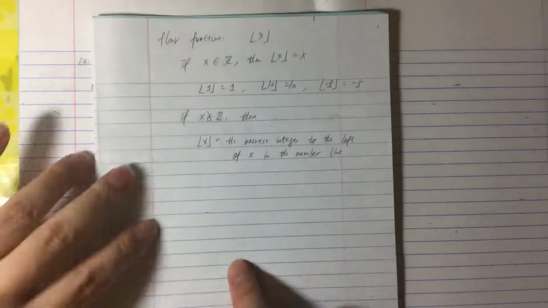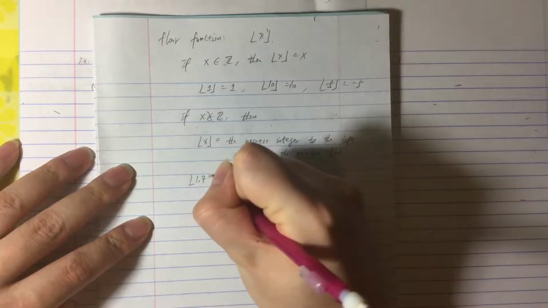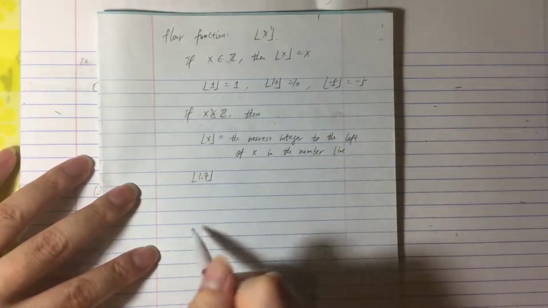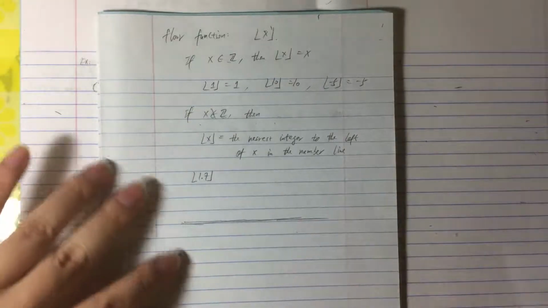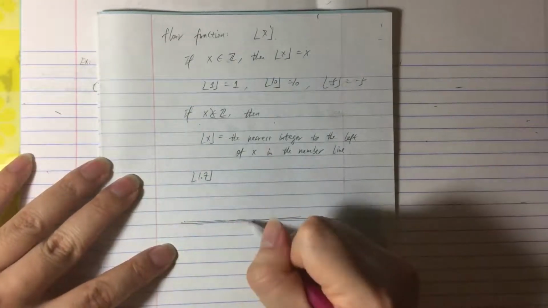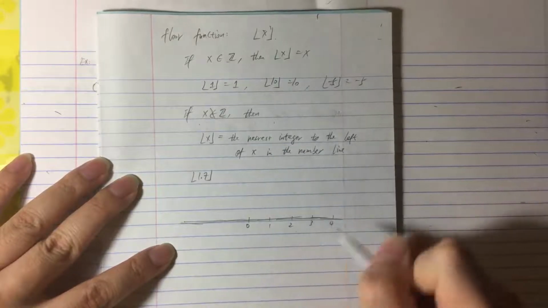For example, how do we find the floor function of 1.7? Draw a number line first. 0, 1, 2, 3, 4.